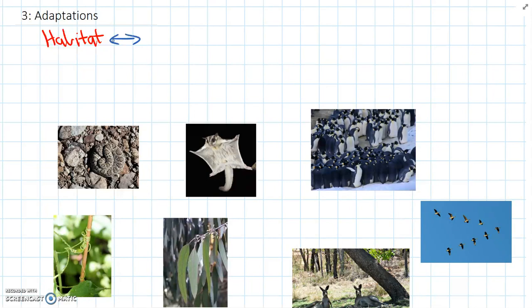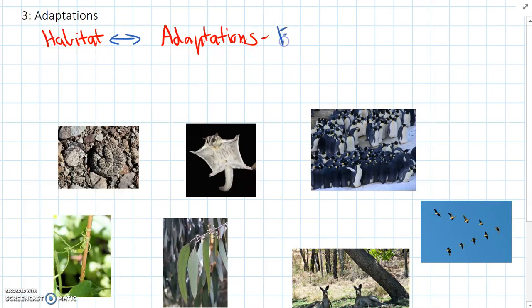So deserts are really hot and dry, whereas a rainforest has completely opposite factors. Lots of water, lots of plants available to eat. So organisms living in different habitats have different adaptations which help them to live in that environment.